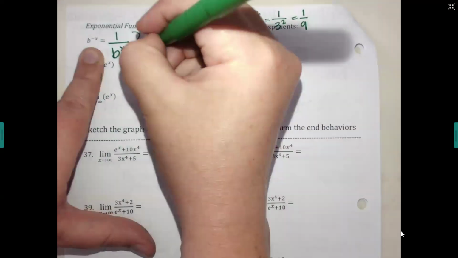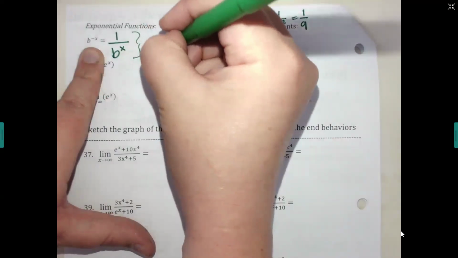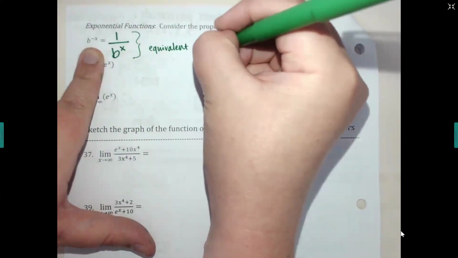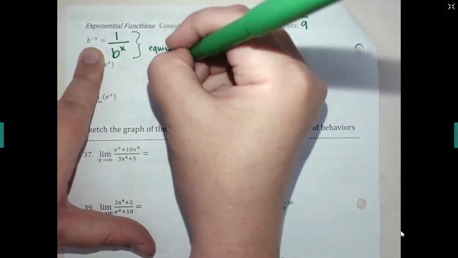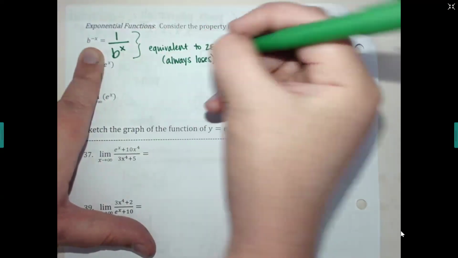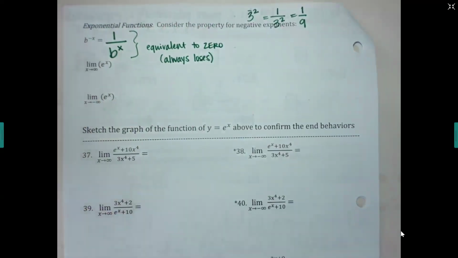This is the equivalent of a 0. So I'm going to put always loses, and hopefully you'll know what that means. Once you fraction your exponential, it doesn't win ever, pretty much. So let's run through some examples. Then we're going to take a little bathroom break and work on some of your homework, and you guys can chat during that part.